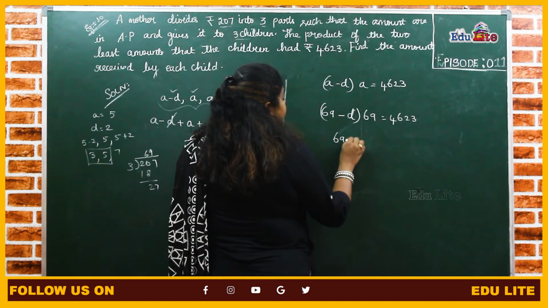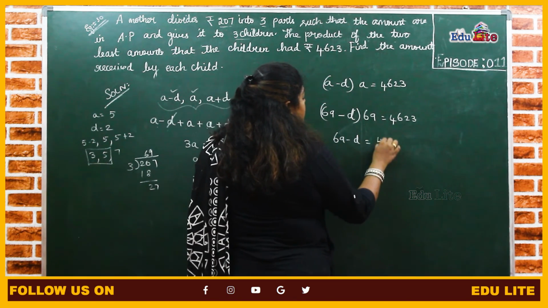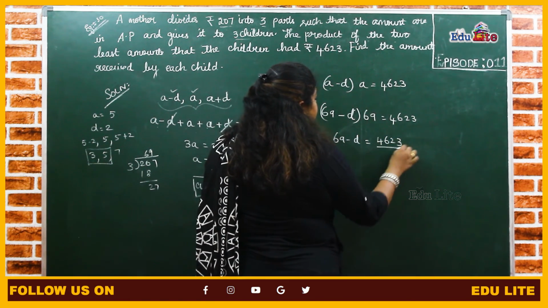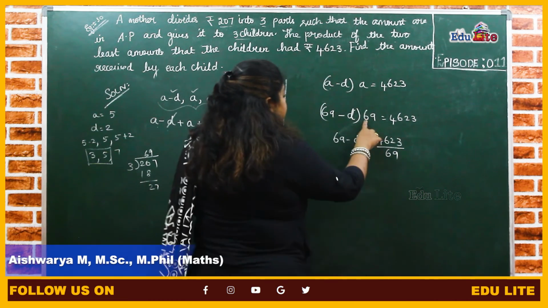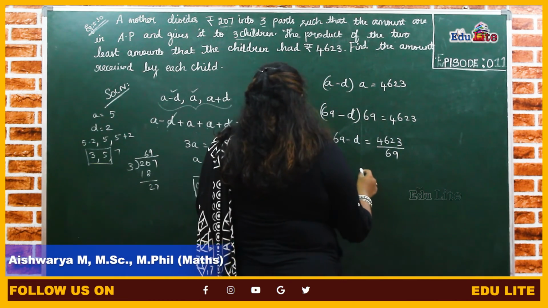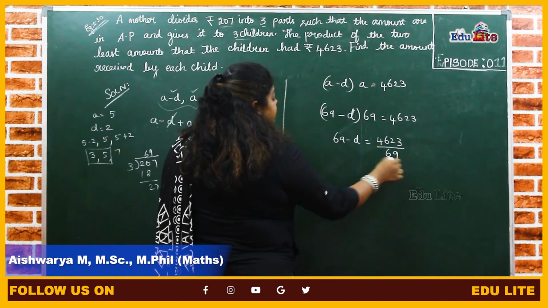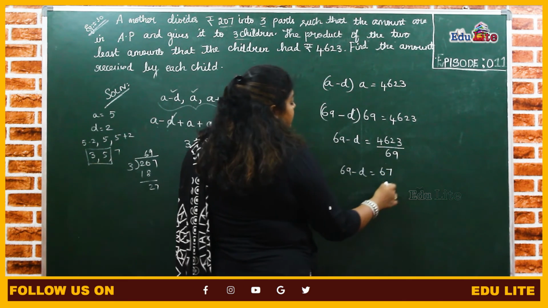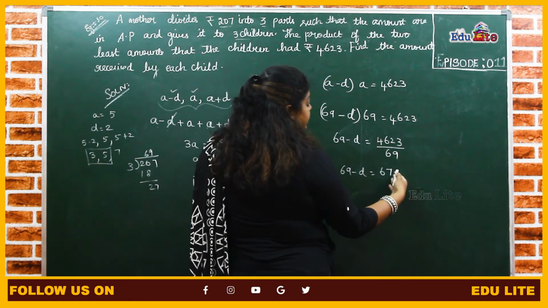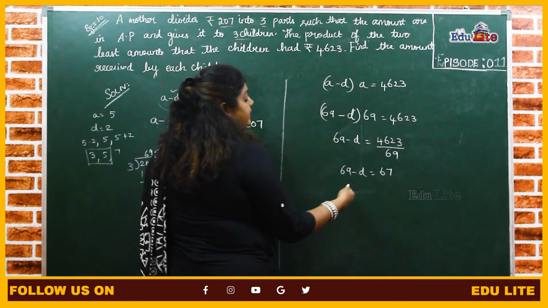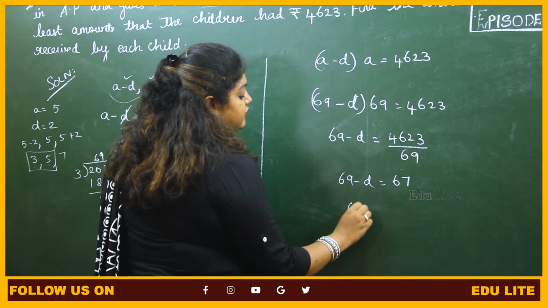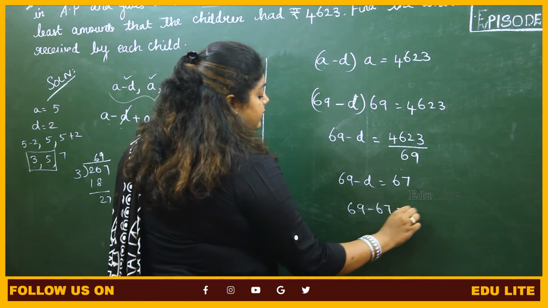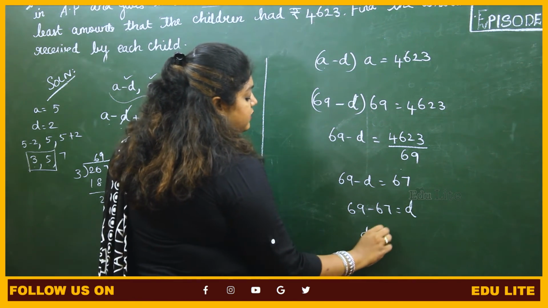So 69 minus D equals 4623 divided by 69. I am taking the 69 to the other side. 4623, when divided by 69, gives us the value 67. So I'll take D to the other side, it will become plus D. 67 to the other side, it will become minus 67. Therefore, 69 minus 67 equals D. D value is equal to 2.